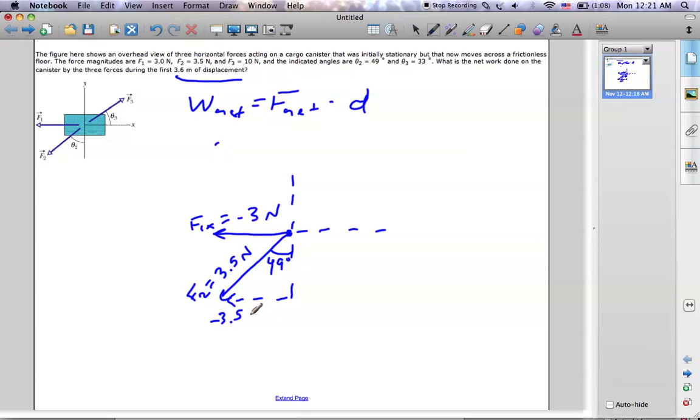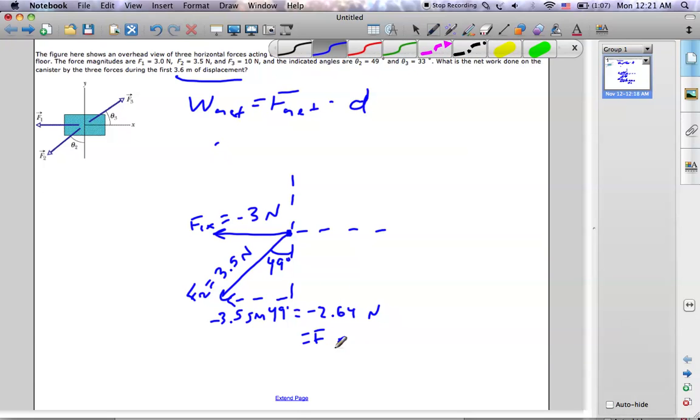So negative 3.5 sine 49 degrees, and that is negative 2.64 newtons. We'll call that F2x.